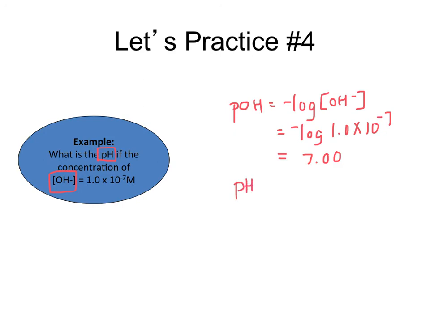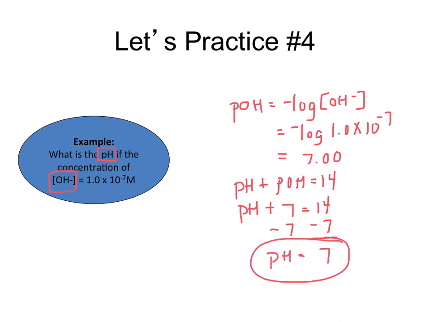Using the equation pH plus pOH equals 14 will then allow you to realize that if my pOH is 7, my pH will also have to be 7 in order for this equation to work out.